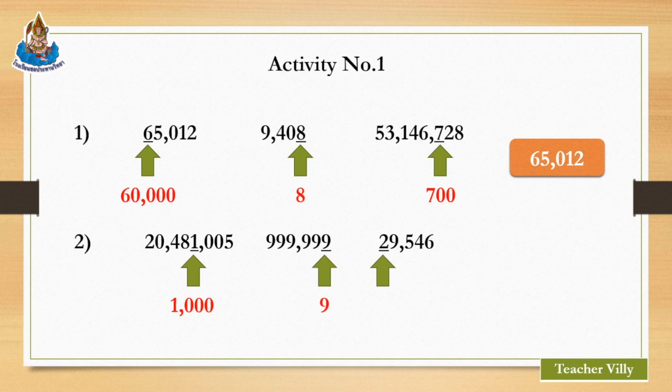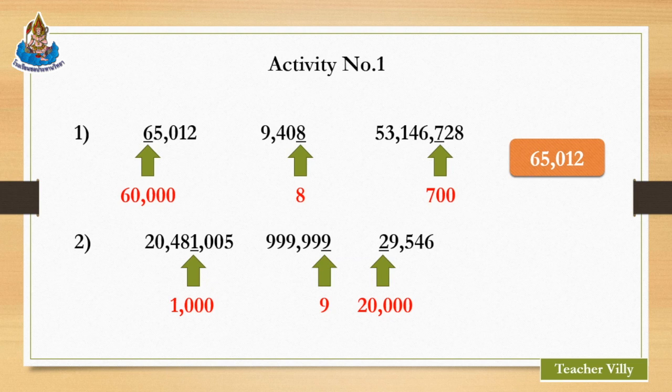What about in the number 29,546? What is the value of the digit 2, the underlined digit? So what is its value? Correct. It's 20,000.